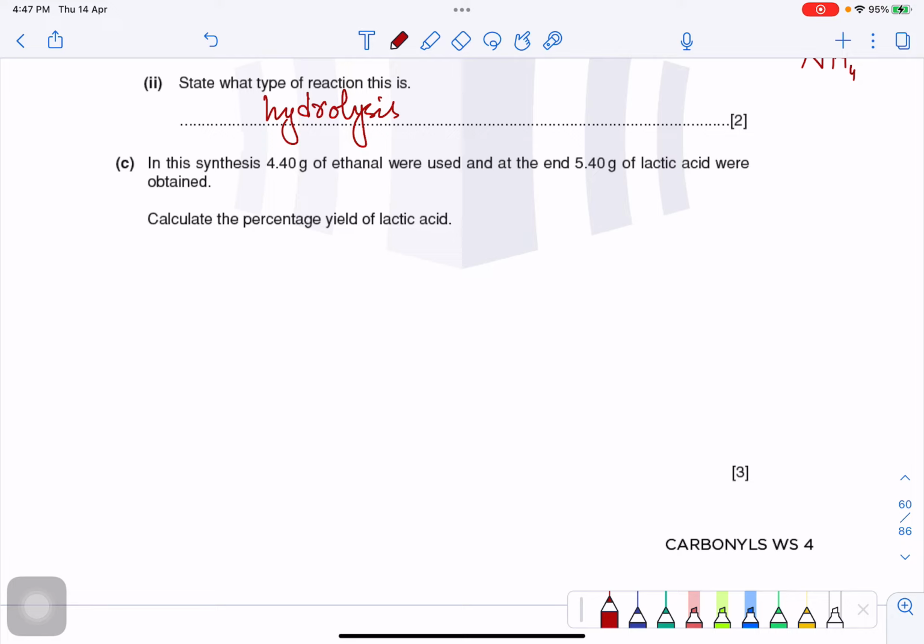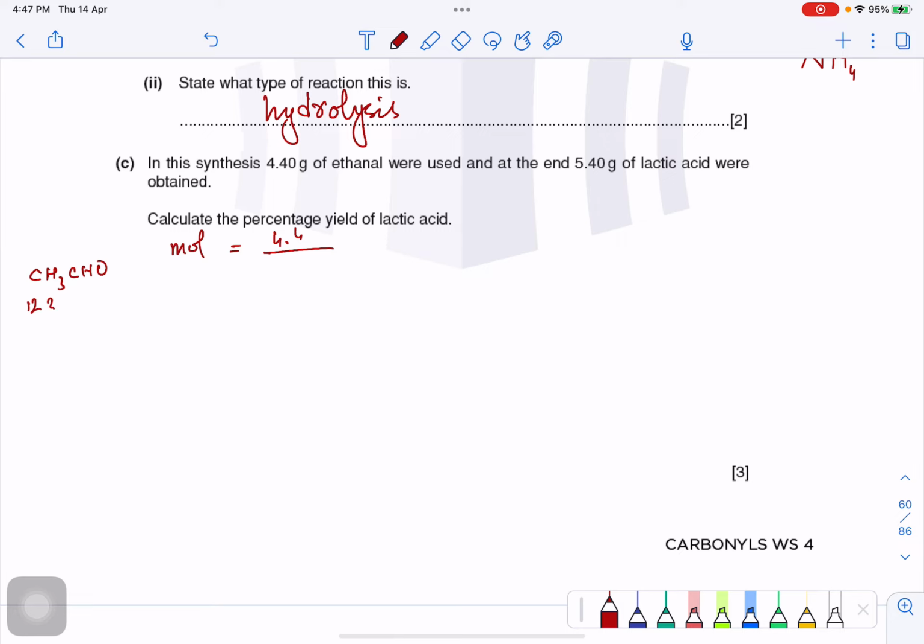In this instance, 4.4 grams of ethanal were used. At the end, 5.4 grams of lactic acid were obtained. So let me figure out the moles. Moles of ethanal is 4.4 over its MR. MR is CH3CHO.